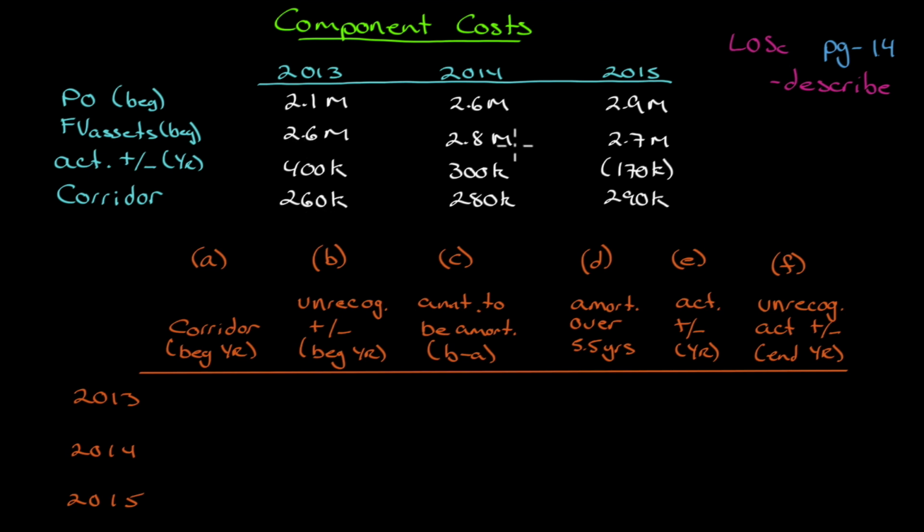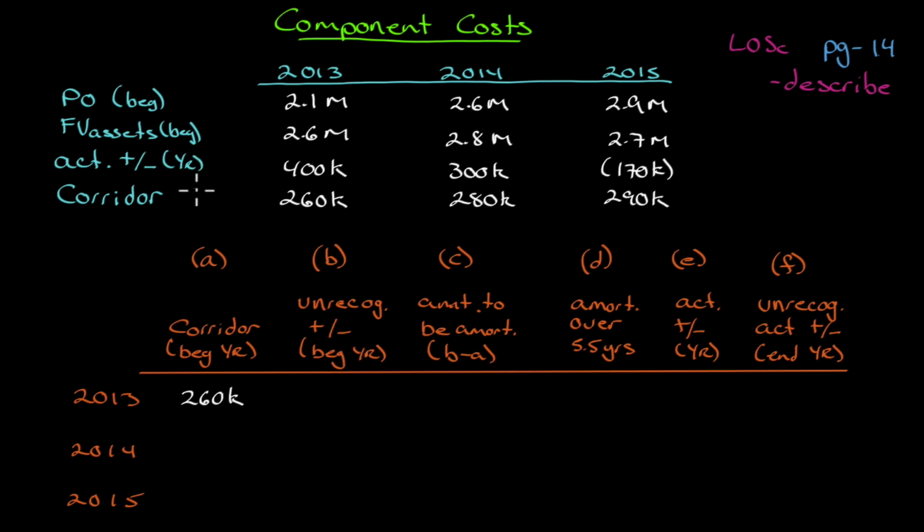Here we have 2.6 and 2.8. 2.8 is the larger one, 10% is 280. And here we have 2.9 and 2.7. 2.9 is the larger one, 10% is 290. So let's calculate this now. Let's do some calculations. So 2013 corridor at the beginning of the year is 260K. The unrecognized gain or loss at the beginning of the year is 0.